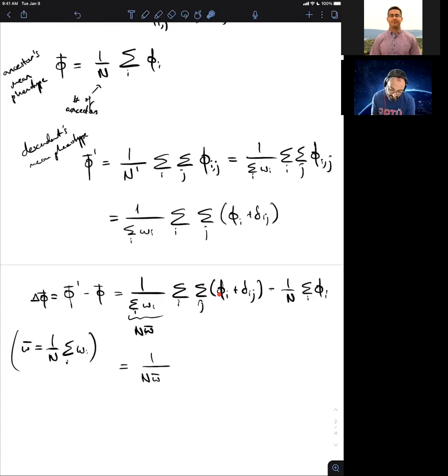You need to multiply this with Wi, because this is j equals 1 to Wi, however many descendants each ith offspring has, and this is i from 1 to n. So you can take out this phi i by just multiplying with Wi, because it doesn't depend on j.